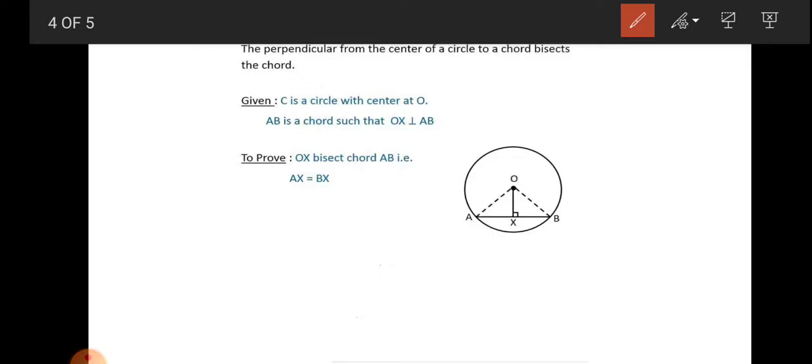We need to prove that OX bisects chord AB, that is, we need to prove that AX is equal to BX. To prove this, take triangle AXO and triangle BXO.